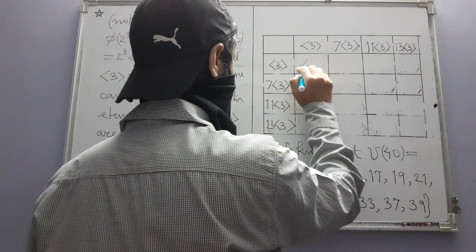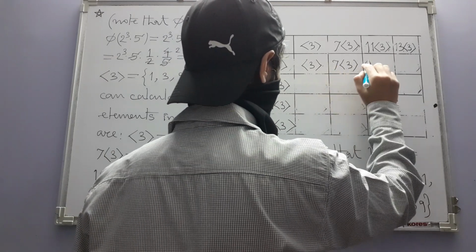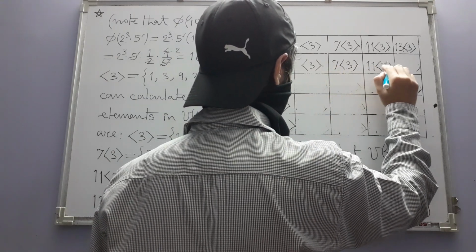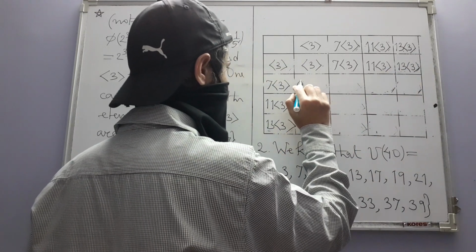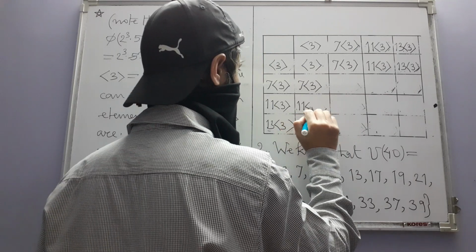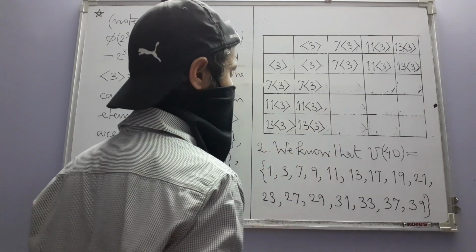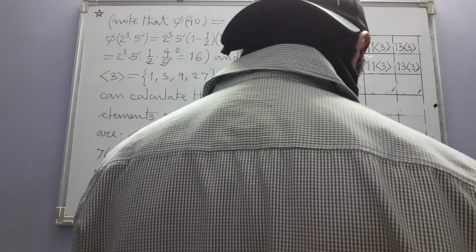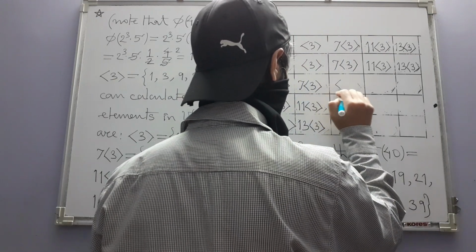The first row and first column again like before. 7, 3, 11, 3, 13, 3, and then 3, 13, 11.